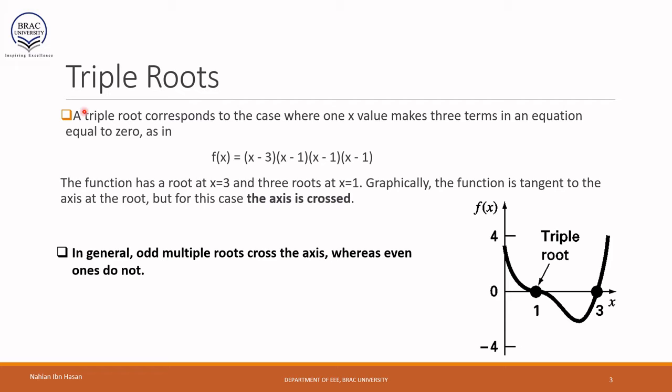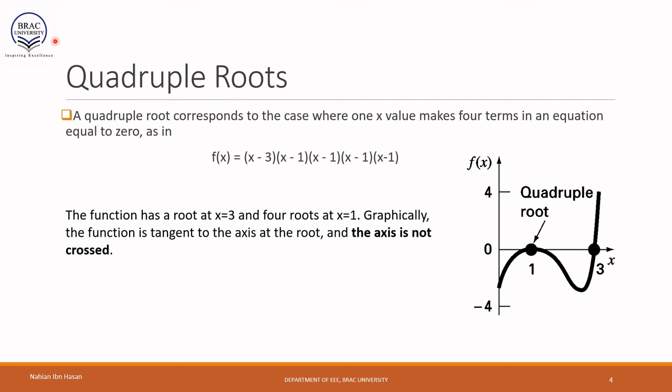Let's look at another scenario where we have 4 similar roots. At x equal to 1, we have 4 similar roots. Since this is a case of even multiple roots, because our multiple roots are 4, our function is not going to cross the x-axis at x equal to 1. As a result, look at this figure. Our function is just touching the x-axis, not crossing it. So that's the difference between odd multiple roots and even multiple roots.